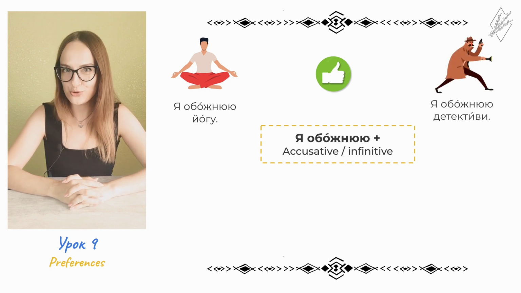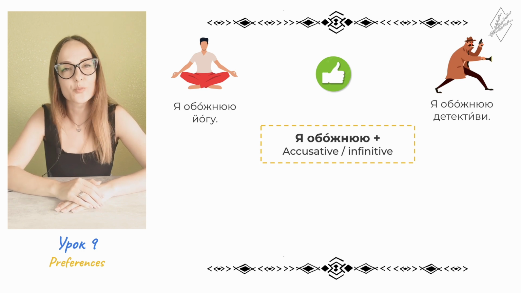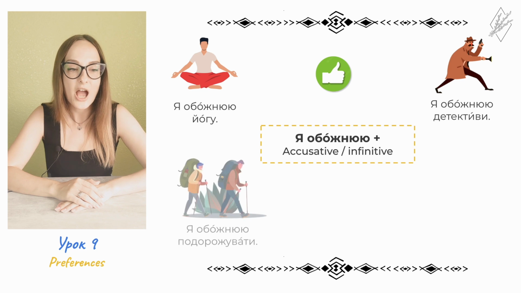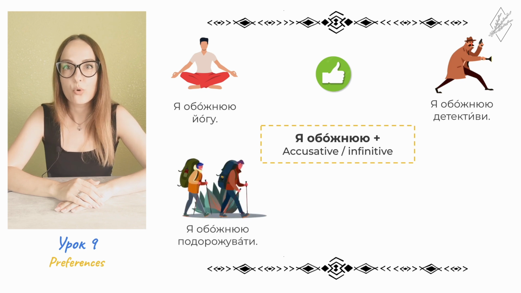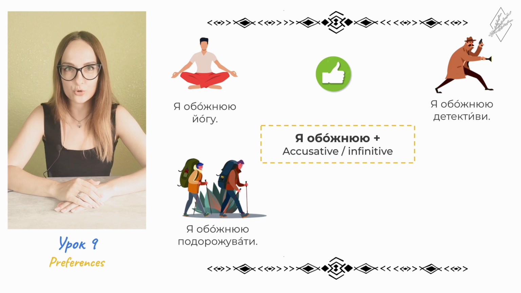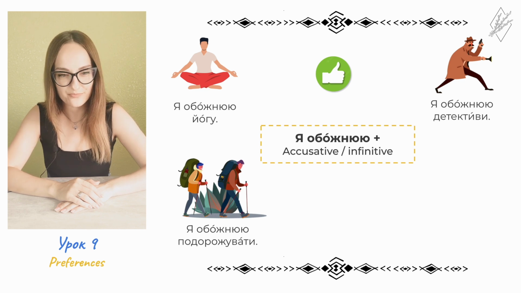Я обожнюю детективи. By the way, this sentence can be used both about books and movies. Я обожнюю подорожувати. Is this verb new for you? Подорожувати means to travel.